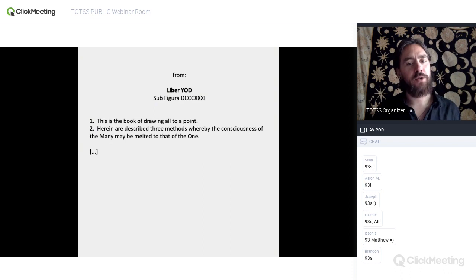And so there are 3 exercises. I'll back up. So this is Liber Yod, and its sub-figure is 831. We've seen 831 before in this class, and here the relevant meanings in Greek for 831 are phallos and pyramis. And so again, the pyramid is something that draws to a point.